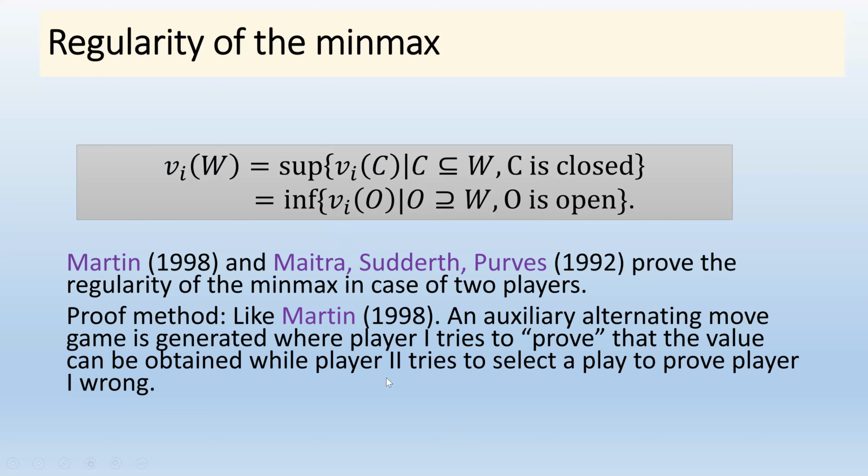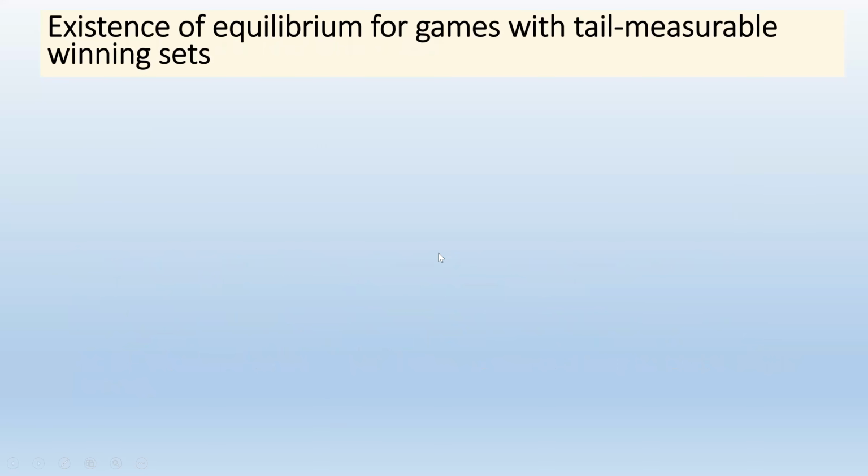Player 2 tries to prove him wrong. So similar methods, slight alternation, and the proof works for more than 2 players. And this is the thing that we will employ to get existence of equilibrium and to get the characterization of the set of equilibrium payoffs.